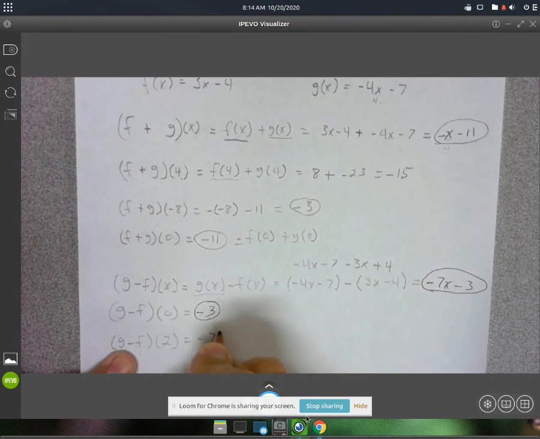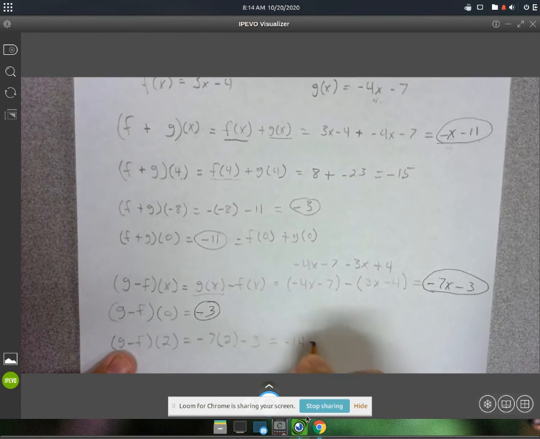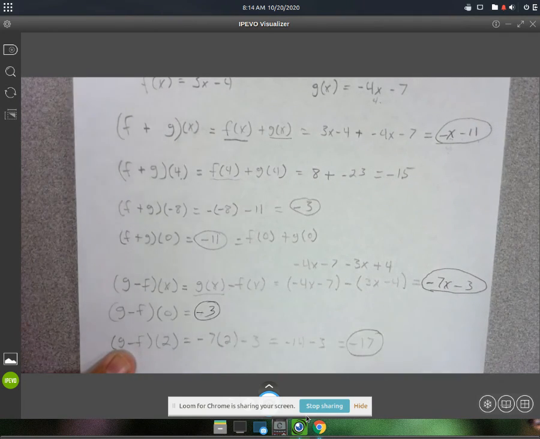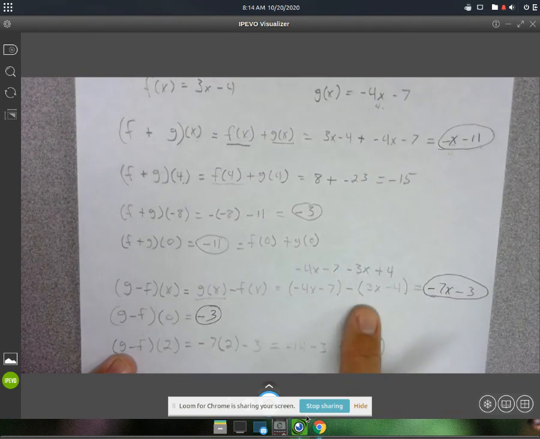So I'm going to have negative 7, and then a 2 for x, then negative 3. This is negative 14. Negative 14 minus 3 is negative 17.